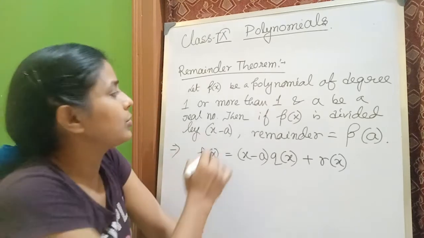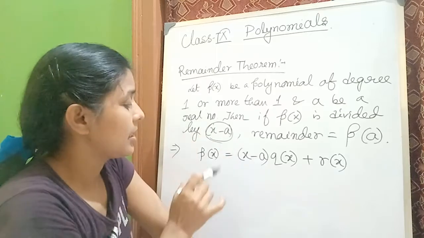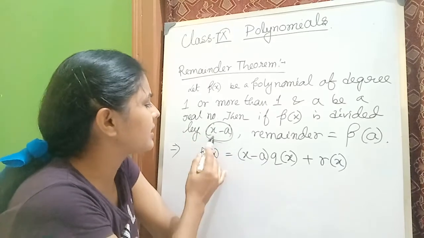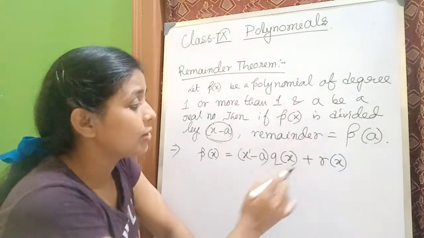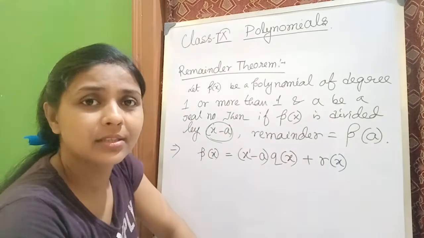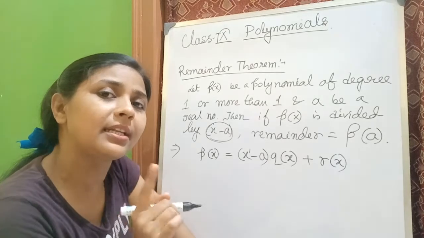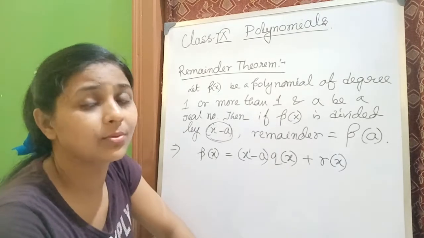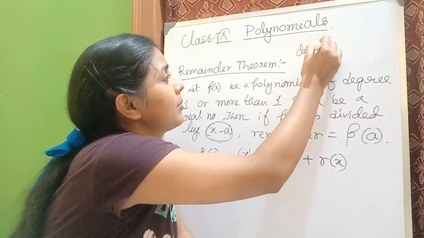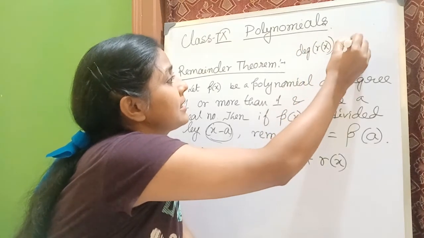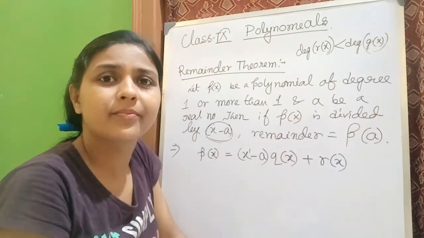Now coming to this statement, as the divisor has degree 1, r of x will have only degree 0. Why? Because we wrote that degree of r of x is less than degree of g of x.